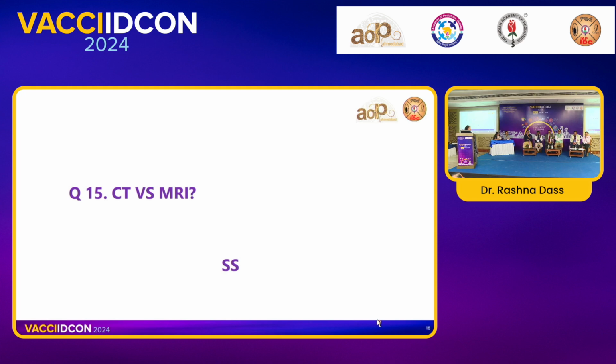Before doing LP, we have to rule out, as we mentioned, raised intracranial tension. So we have to get the CT, and also in an immunocompromised patient, or a patient with severe papilledema or abnormal consciousness, the CT is mandatory before doing the LP.